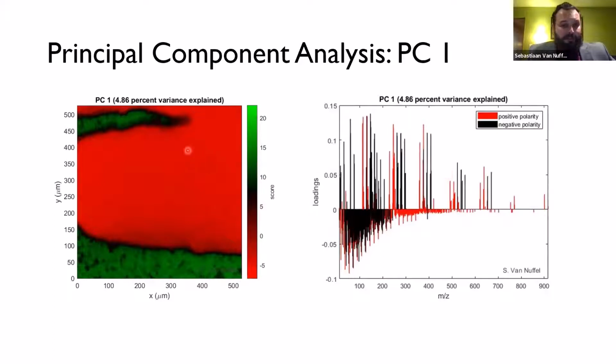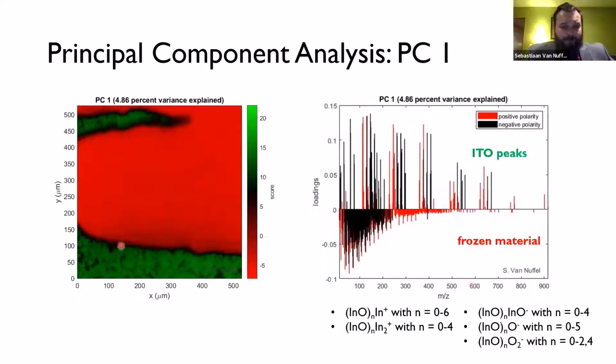So in this case, we can see that the first principal component separates out this area from this area. And the red area, which corresponds to the negative loadings, is all the frozen material we're looking at. The green area clearly colocalizes with the indium tin oxide substrates, and therefore the positive loadings contain a lot of indium tin oxide peaks, and we can see these repeating clusters of indium oxide.